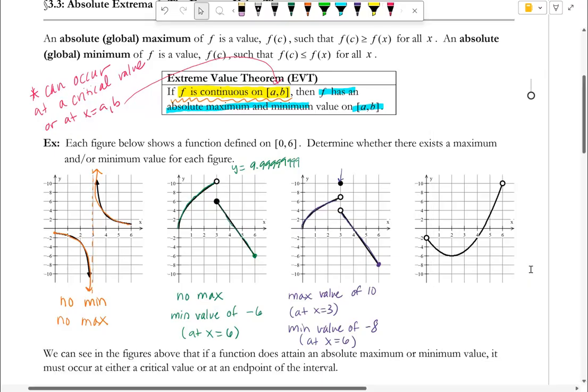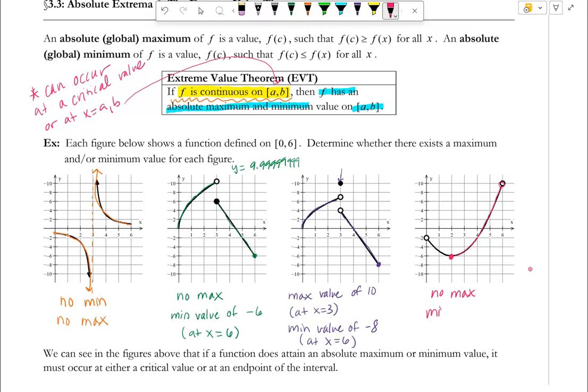As I approach 6, same as before, I'm going to get really, really close to 10, but never equal 10. So this function has no maximum. However, it does have a minimum when x is equal to 2. Its output is negative 6. So the minimum value is negative 6, and that occurs at x equals 2.